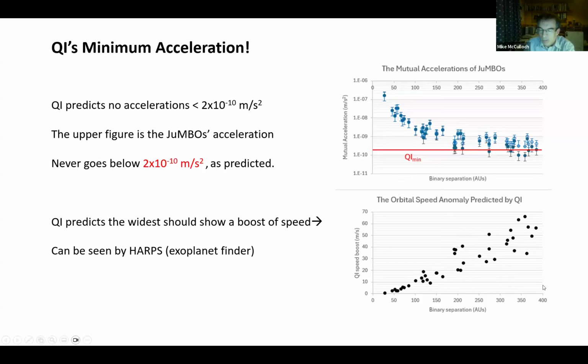For the wider separated ones, it's about 70 meters per second, which should be able to be seen by the HARPS telescope. It's an exoplanet finder telescope. It can determine the Doppler shift and the speed of systems like this.